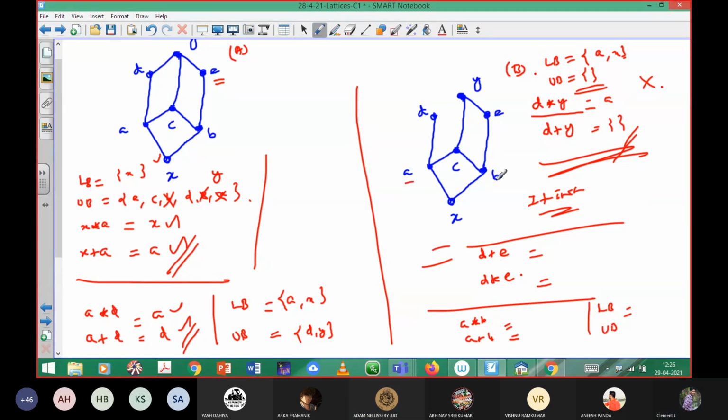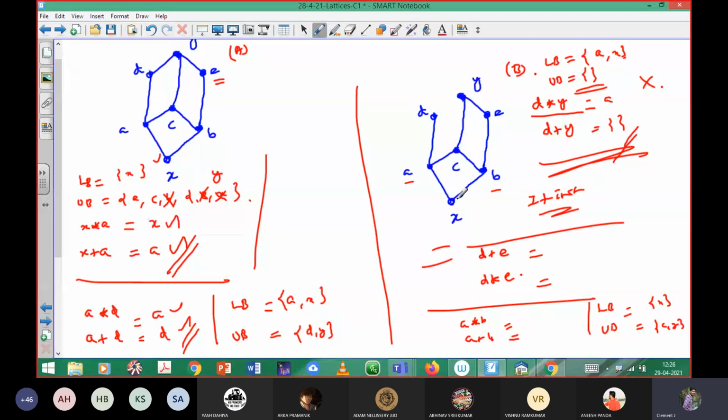X. Very good. Next, what is the upper bound for that? C comma Y. Yes, I think it exists, right? Yes, sir. Okay, it exists, so not for A and B. So what does the lattice definition say?